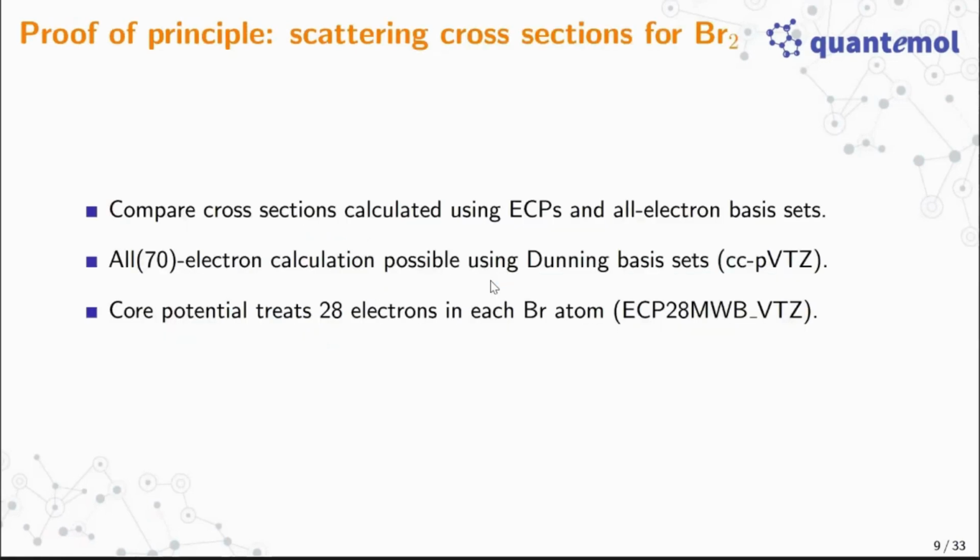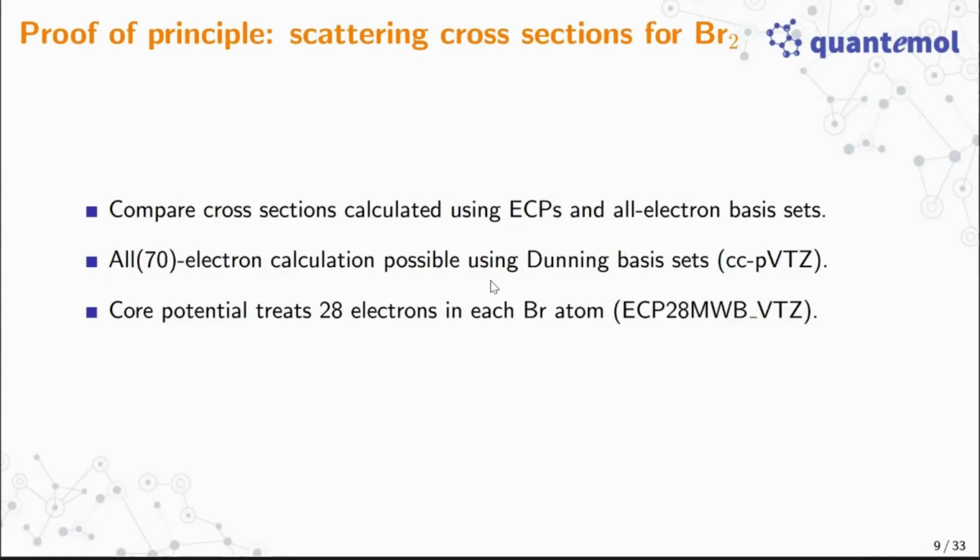So to begin then with the calculations, the first thing I did was a proof of principle calculation, where I calculated cross sections for Br2 and was able to compare an all-electron calculation for the system. You can use an all-electron basis set for bromine if you wish, with an ECP-based calculation.